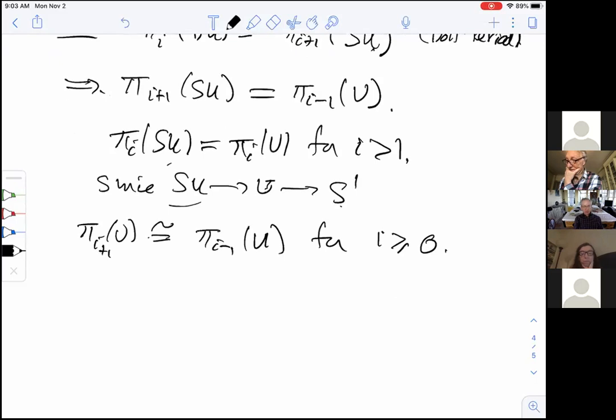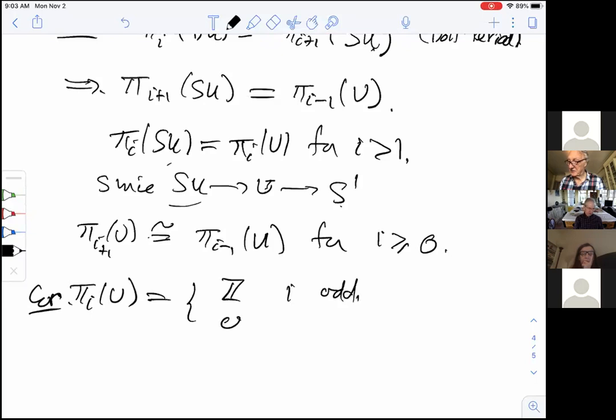Then we get the classical periodicity statement: pi i of U is isomorphic to Z when i is odd and 0 when i is even.